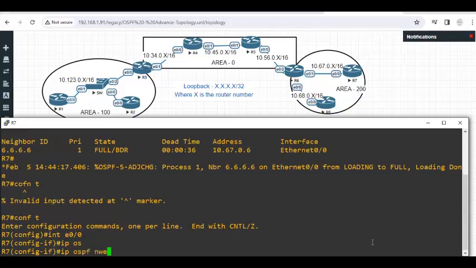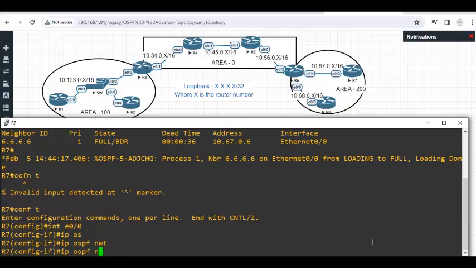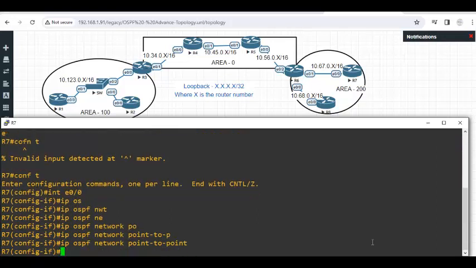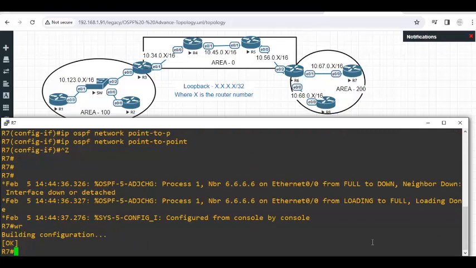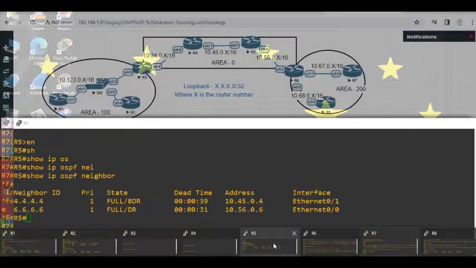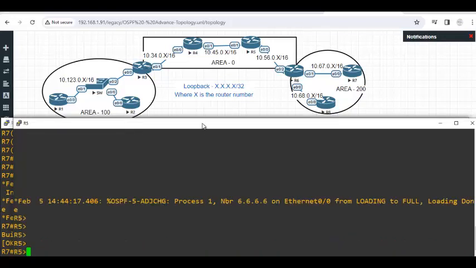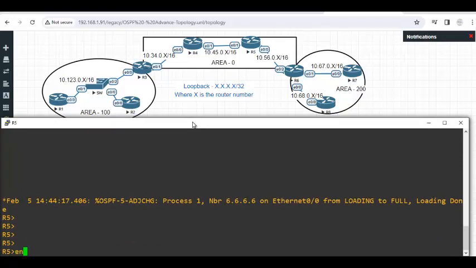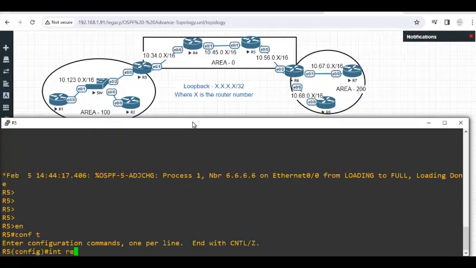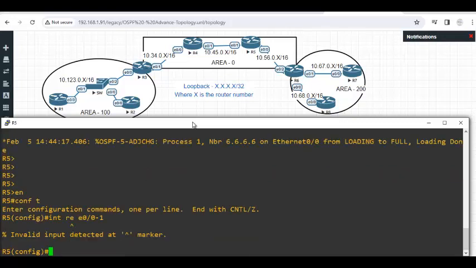Now let's go to router 6 and check. No, I also want to go to router 5. Enable, interface range Ethernet 0/0 - 1, IP OSPF network type point-to-point.